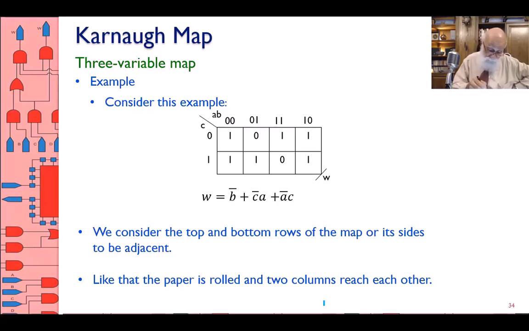All right. Let's do that again. This implicant, this implicant, this implicant, this implicant, this implicant, this implicant. This is a, let me do a different color. This is a prime implicant.